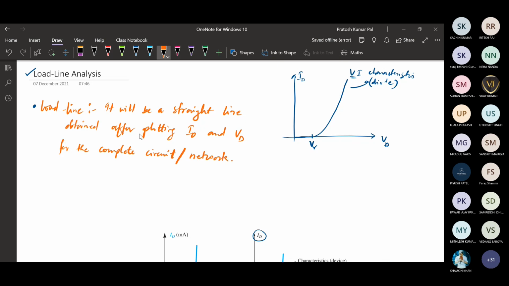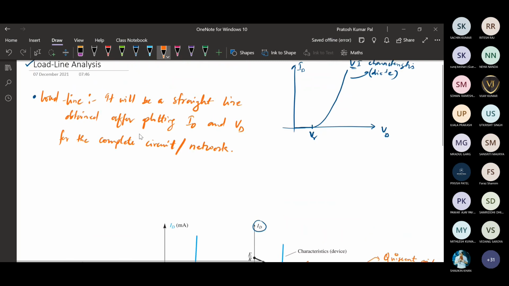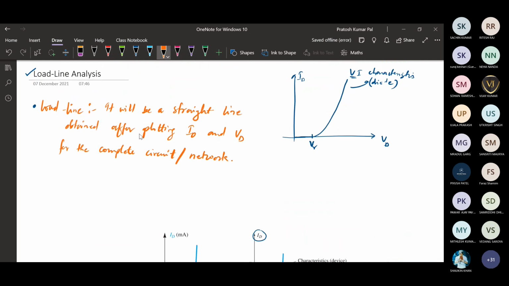Whatever network the diode is connected with, the complete network's ID and VD curve will be a straight line, and that straight line is your load line. If we consider this load line for analyzing any diode circuit, then that analysis is called load line analysis.